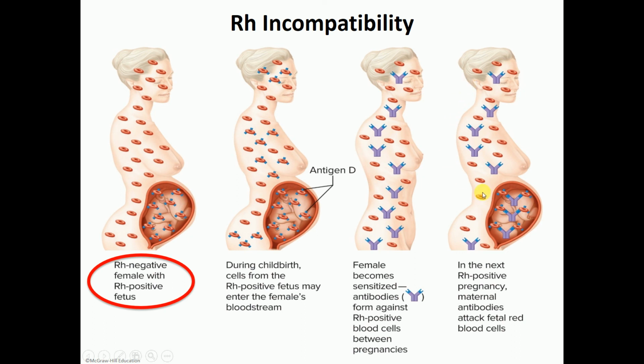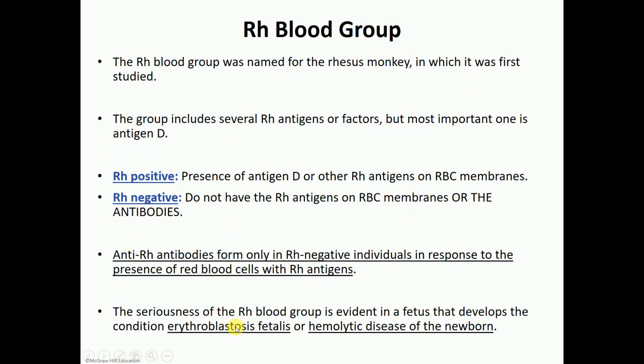So again, if that second baby is also Rh positive, now these antibodies are going to cross the placenta and attack the red blood cells of that second baby. And that could be fatal, hence the name Erythroblastosis fetalis, because it happens in the fetus, and where it'll blast these red blood cells, literally destroy them. And again, it can lead to the death of that baby.